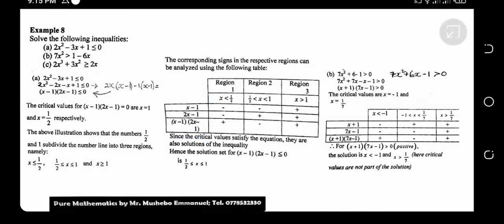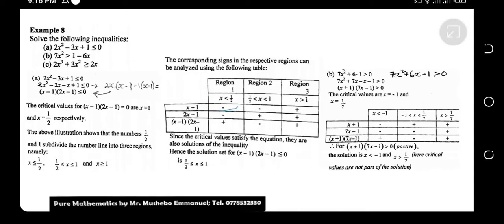In region 1, I can pick a value which is less than a half, like 0. After picking 0, I substitute in the first factor, x - 1. So 0 - 1, you get negative 1. We are only interested in the sign, so you leave out the 1.